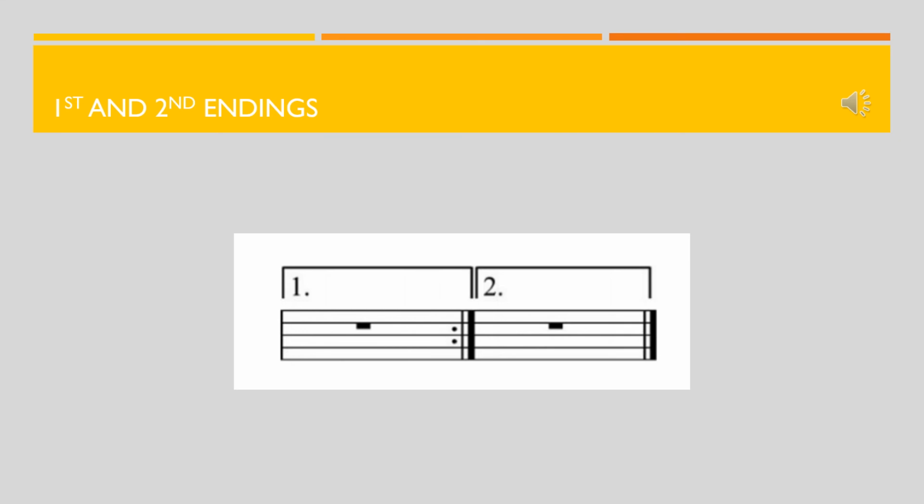To perform music with first and second endings, you start at the beginning, go until the repeat sign. When you repeat, the second time through, you skip the music that is under the number 1 bracket and sing the music under the number 2 bracket. That's the ending of the second time through.